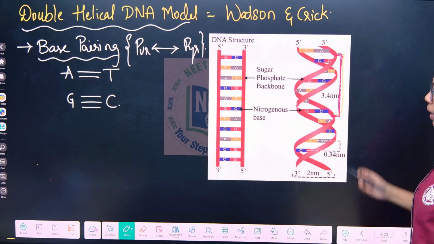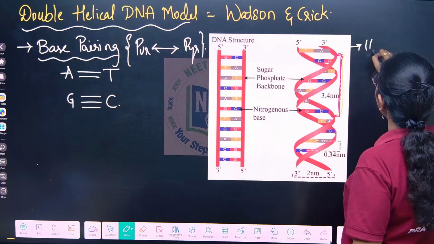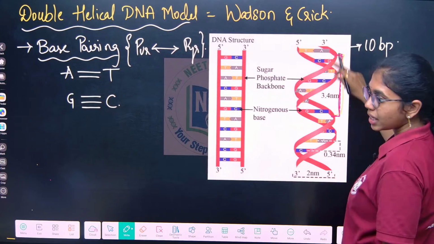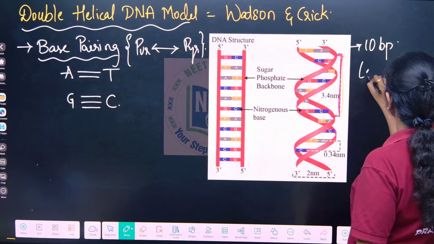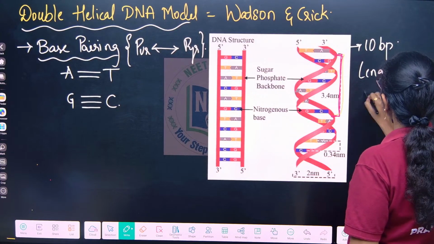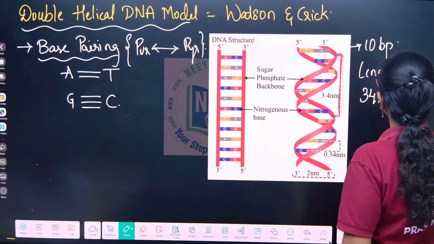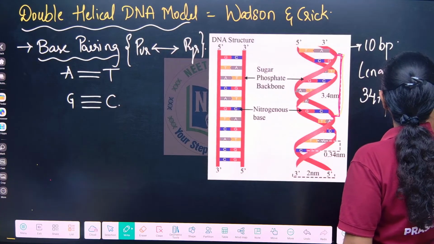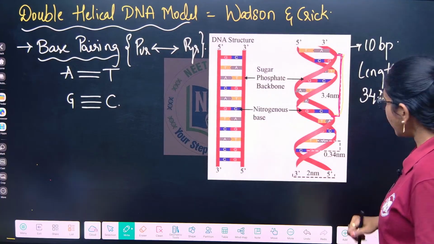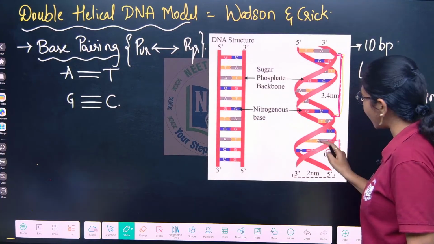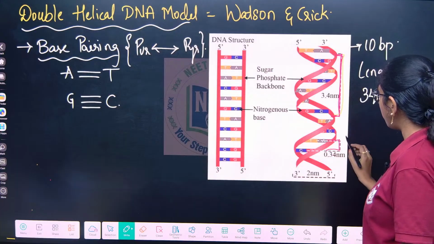One pitch or one turn will have 10 base pairs, and length will be what? Yeah, 34 angstroms or 3.4 nanometers. Clear, right?